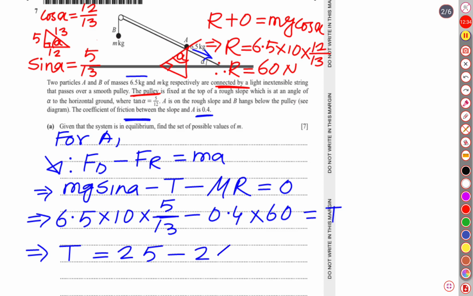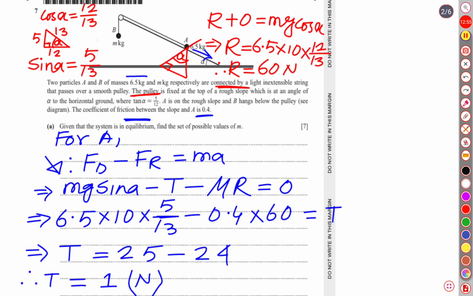It is going to be 24. Hence our tension is going to be 1 Newton. 1 Newton for one of the cases. Tension is 1 Newton when the particle was supposed to move down.